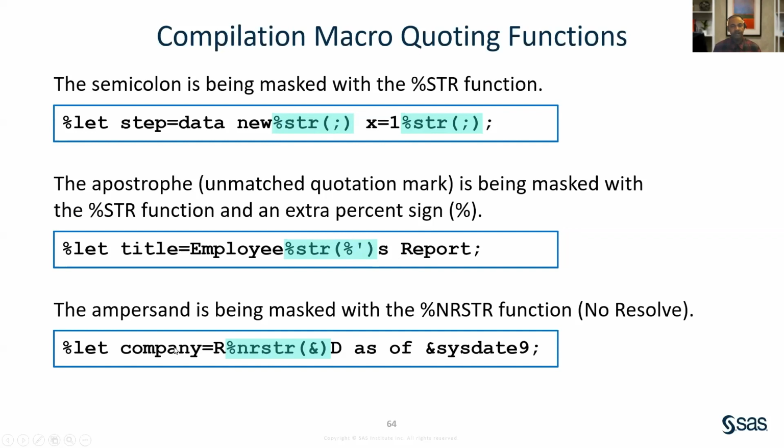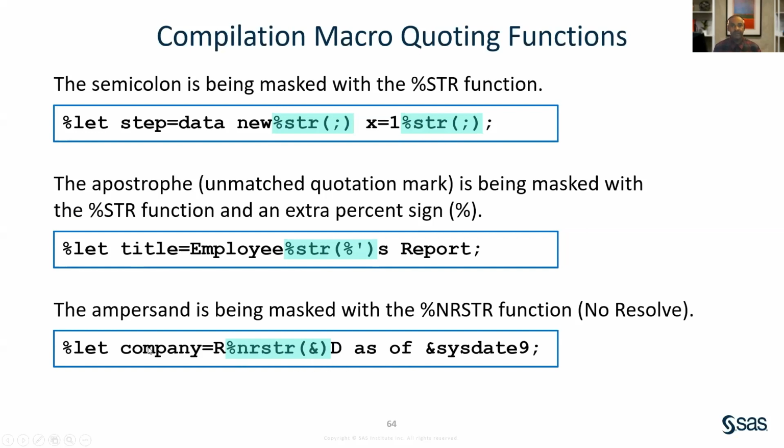What about macro triggers? %STR cannot help us with macro triggers. %STR cannot quote or change the meaning of those to look like text or behave like text. But %NRSTR can. It can mask the ampersand and it can mask the percent symbol.